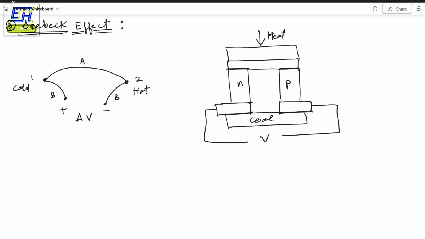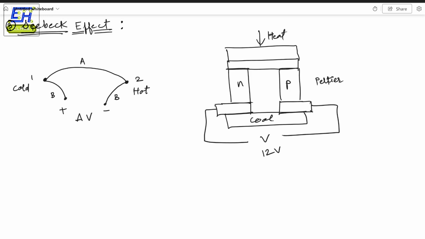you'll get a voltage. Now, again, as with many of the effects in physics, we see that many of the things are reversible. So here it's the same. We can also generate temperature differential when we provide this voltage externally. So let's say if you apply like 12 volts to this unit, and by the way, these kind of units, they are known as Peltier units because it derives its name from the Peltier effect, which is essentially just the reverse of the Seebeck effect.